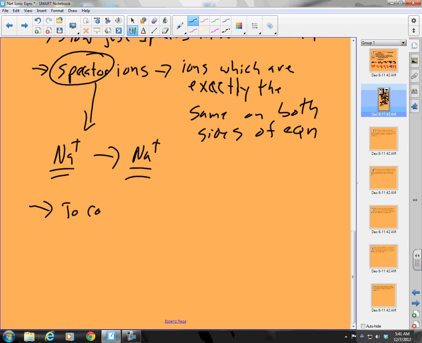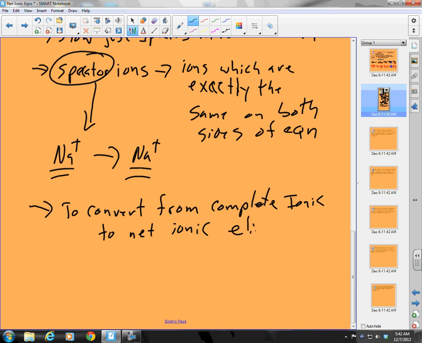To convert from complete ionic to net ionic, what do we do? Eliminate the spectator ions.